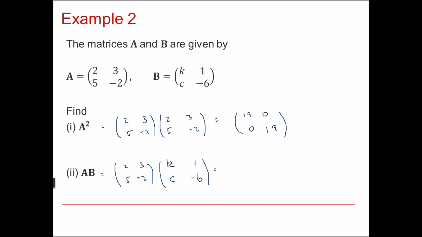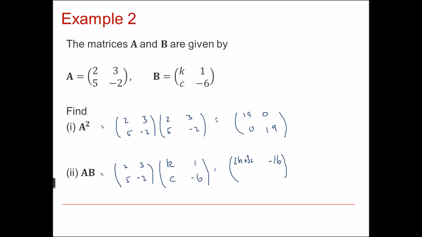So when you multiply that out, multiplying the first row by the first column gives you 2K plus 3C, and then the first row by the second column is 2 and then minus 18, which is minus 16.